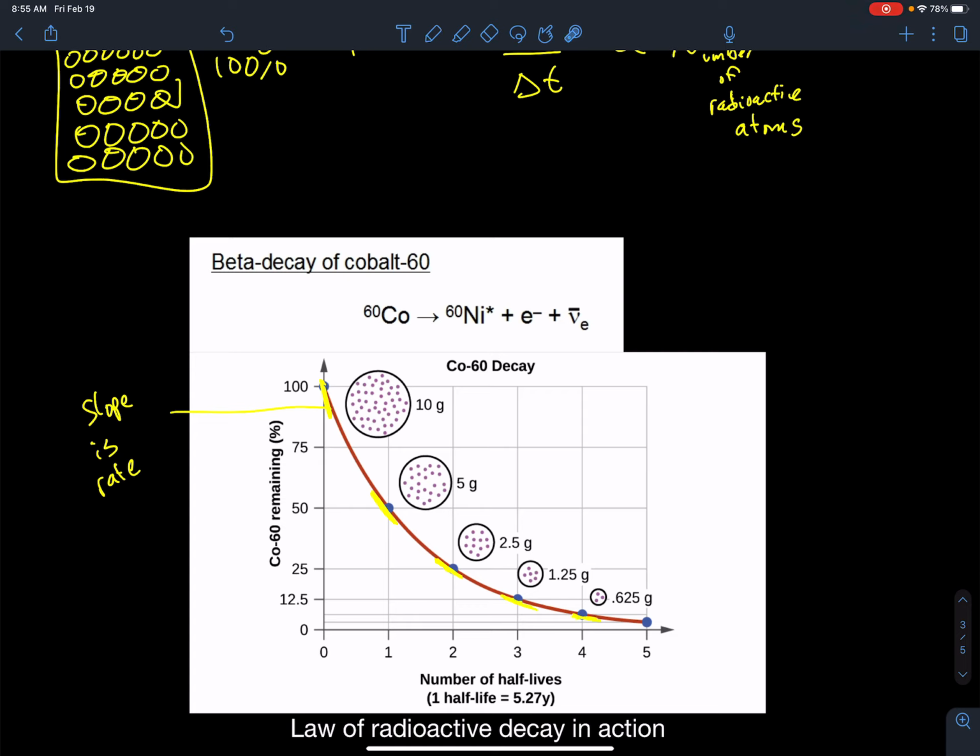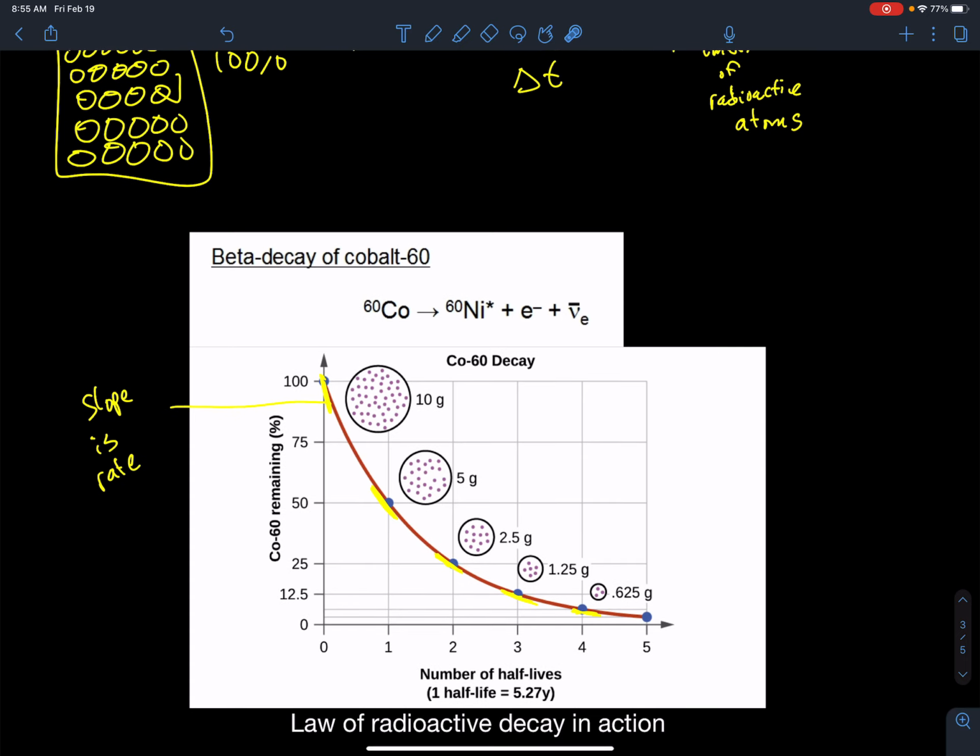So the slope of the graph at these points tells me the rate of radioactive decay. And the rate of radioactive decay is becquerels, the radioactivity that I talked about, that unit, decays per second. So my Geiger counter would be screaming, and then it becomes half as loud, half as loud, half as loud at these points.